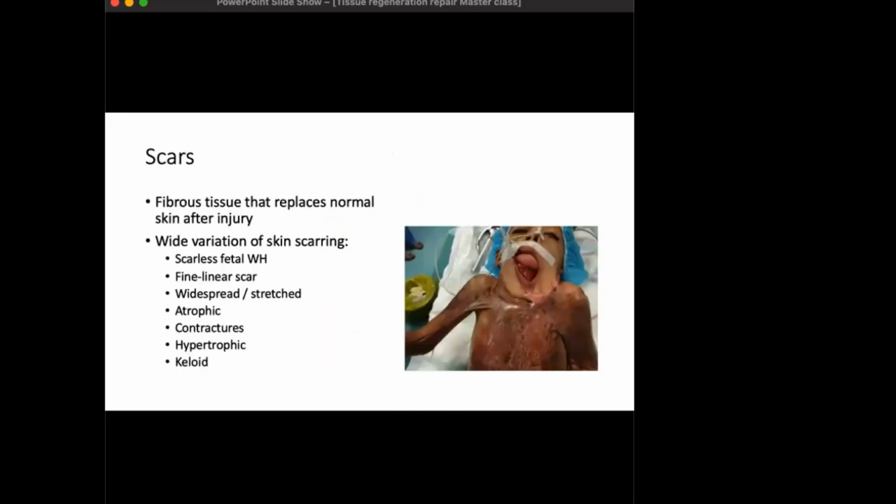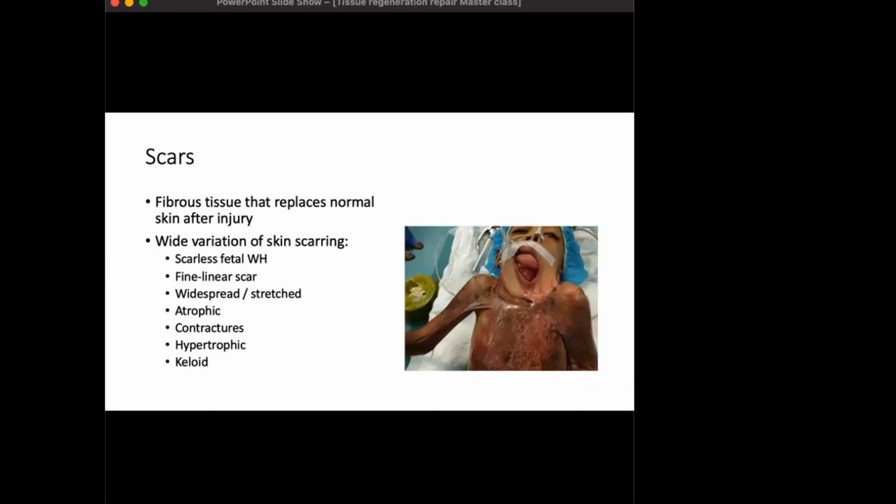A bit about scars. Repair of the wound will inevitably produce scars, and there is a wide variation of scars.